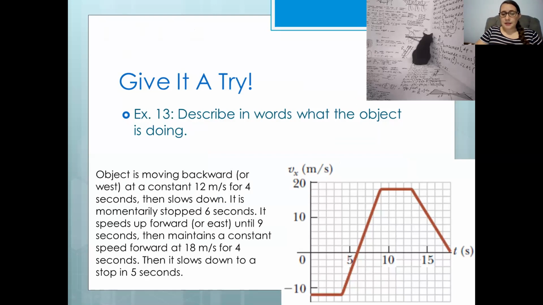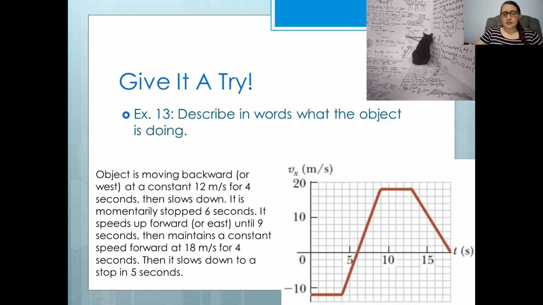So we know at the beginning of this graph, the object has a negative velocity, negative 12 specifically. So it could either be moving backwards or west or down, whatever our negative direction is, at a constant 12 meters per second for 4 seconds. And then we notice that the velocity decreases in magnitude to 0.